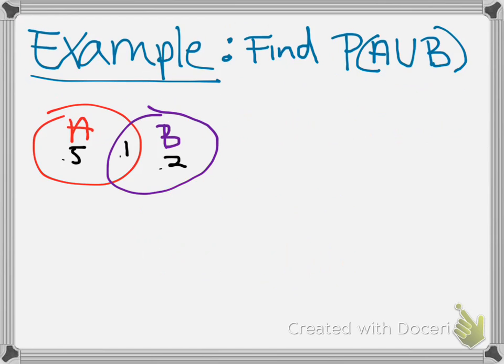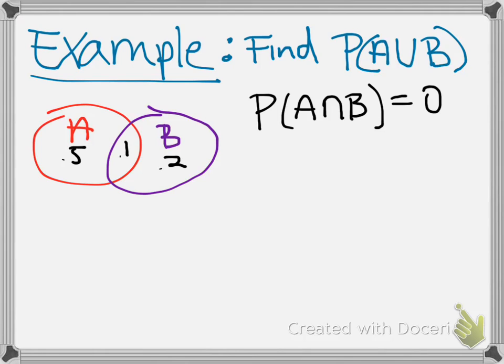So let's take a look at an example. Here I've drawn a Venn diagram of some event A and some event B. And let's just take a look at what this Venn diagram is telling us. It looks like the probability of event A and event B occurring, again that's the intersection, where the two events overlap, is 0.1.